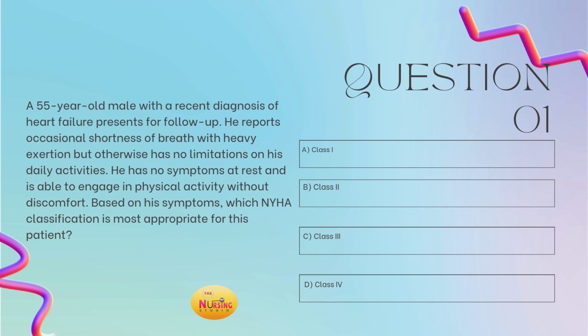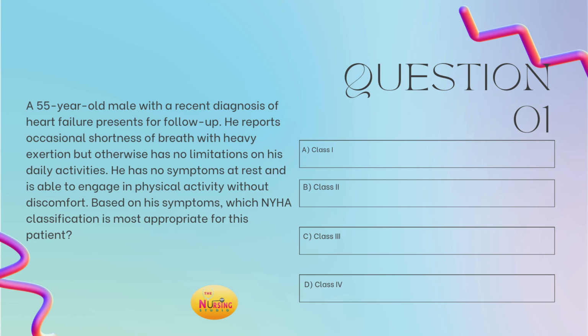Remember, I always tell you to think of things in ranges, knowing the lowest end and the highest end, and then the rest kind of falls in between. Well, with class 1 of the NYHA classification, they have a heart failure diagnosis, but they do not have any limitations. So here, yes, if he heavily exerts himself, he may have some shortness of breath occasionally, but it specifically says that he has no limitations on daily activities and no symptoms at rest.